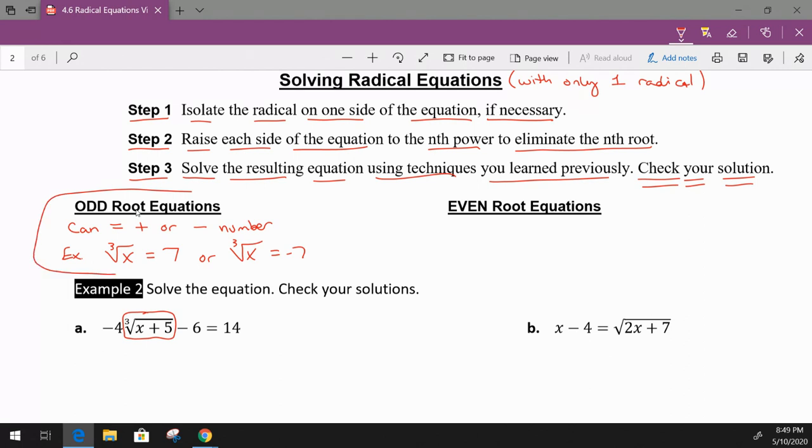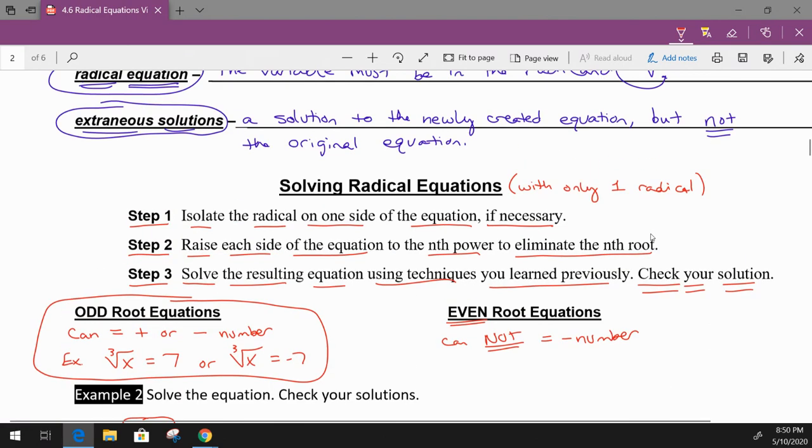So with odd roots, you can get a positive or negative solution. When you have an even root equation, it cannot equal a negative number. So there is a difference between an equation that has an even power versus an even root.